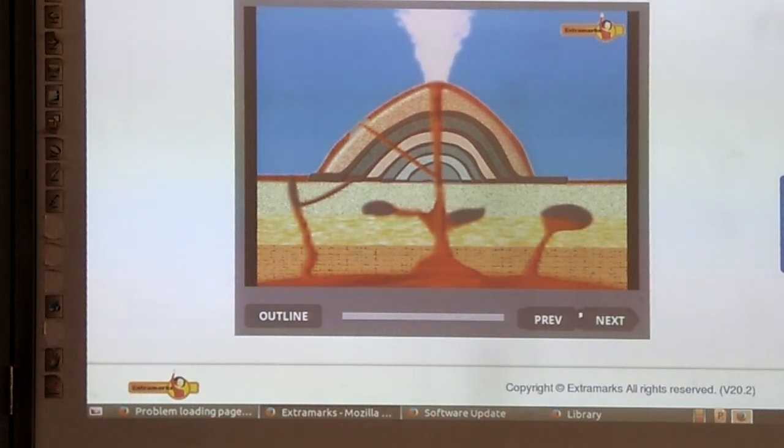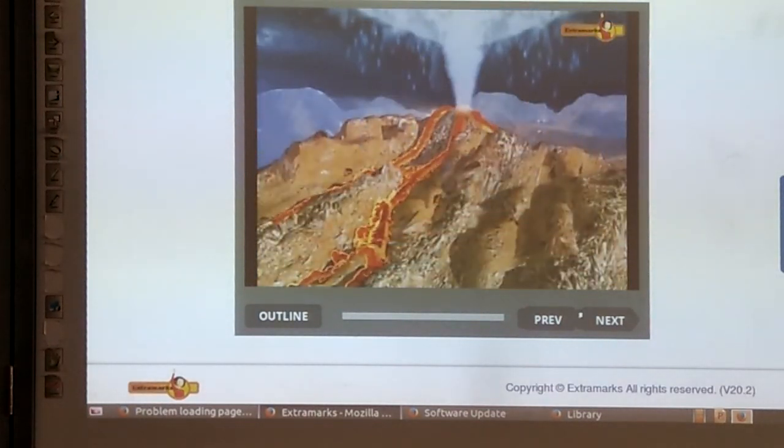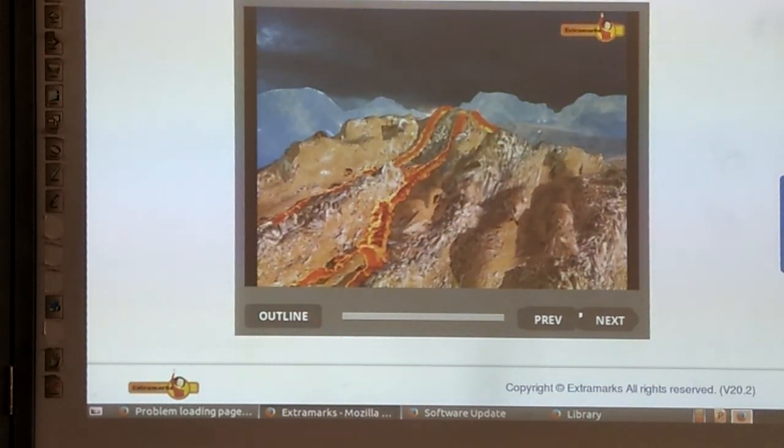When the magma rapidly cools down and becomes solid, extrusive igneous rocks are formed. For example, ash cone and lava flows. Sometimes the molten magma cools down deep inside the crust of the Earth. Solid rocks so formed are called intrusive igneous rocks, that is, sills, dikes, and batholiths. The igneous rocks are formed when the magma cools and solidifies.